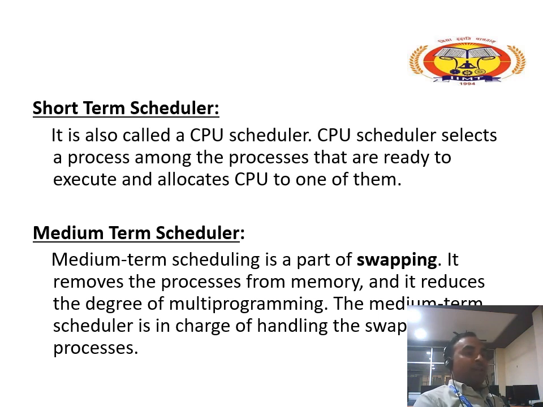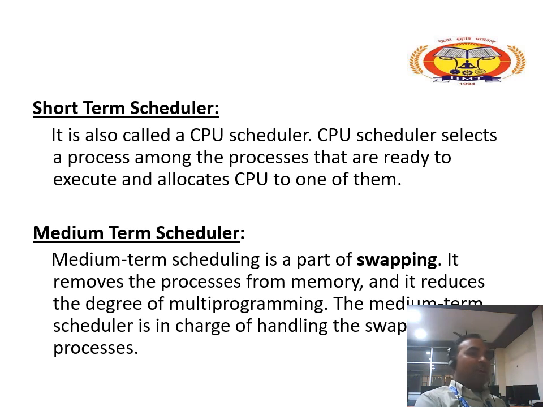When the process comes to main memory, the work of this scheduler starts. It selects a process among the processes that are ready to execute and allocates the CPU to one of them. Clear? The processes are in main memory in the ready state, and the work of the short-term scheduler is to provide the CPU for their execution.